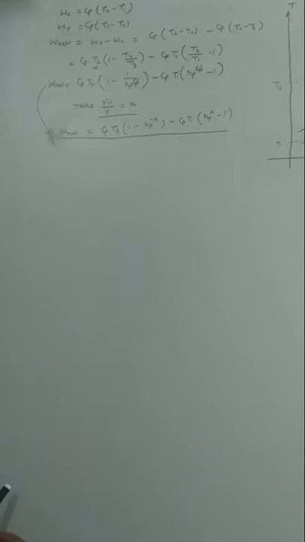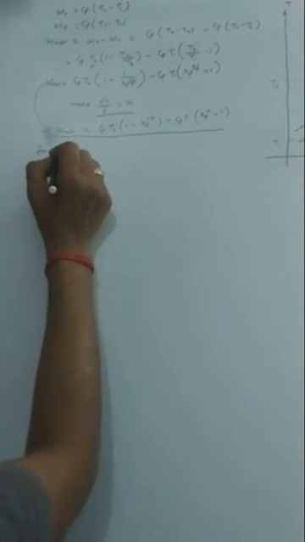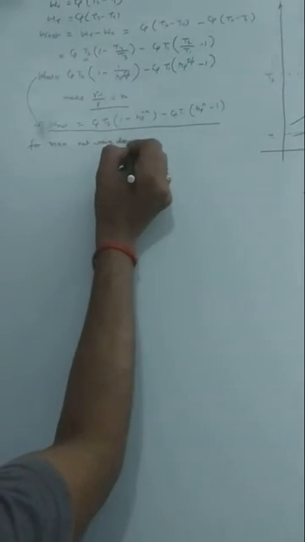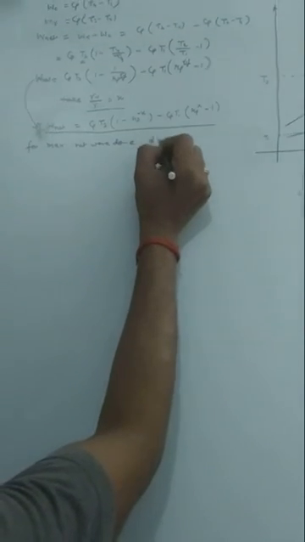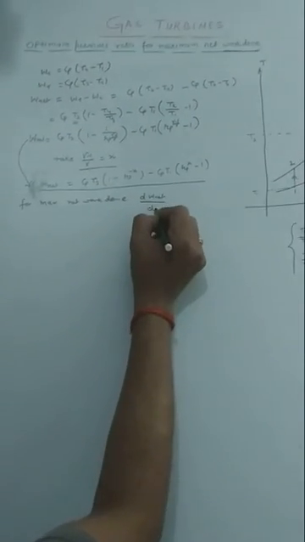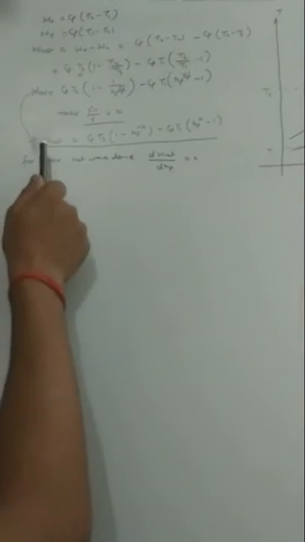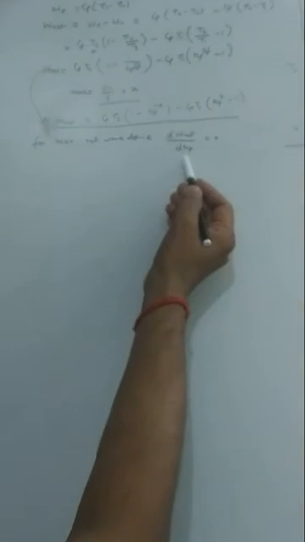Now we are interested to maximize this work done. So for maximum net work done, d of W net divided by d of Rp must be equal to 0, because the net work done varies with respect to pressure ratio. So we have to differentiate the equation with respect to Rp.